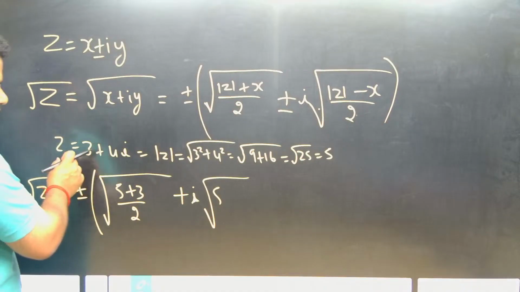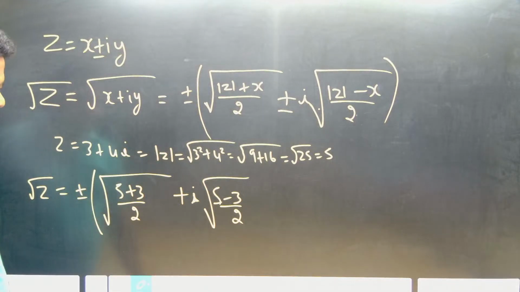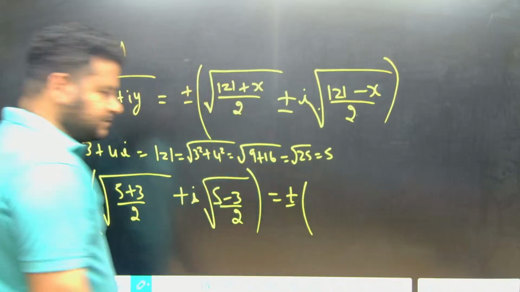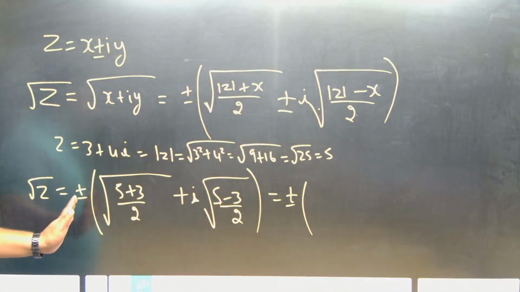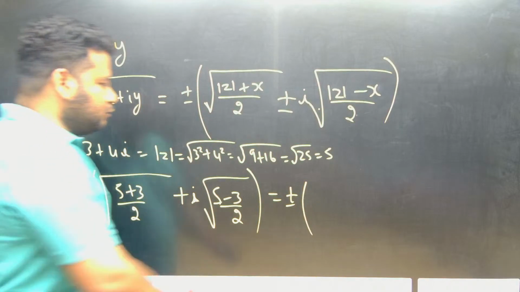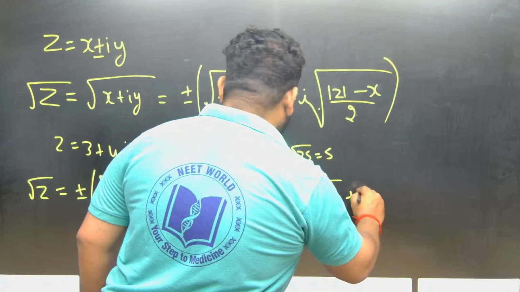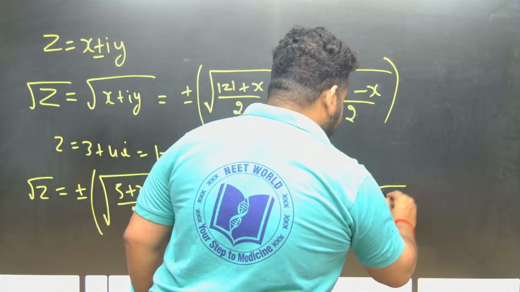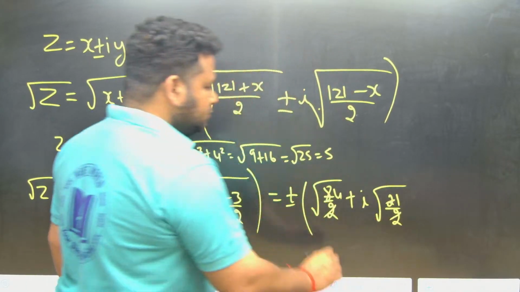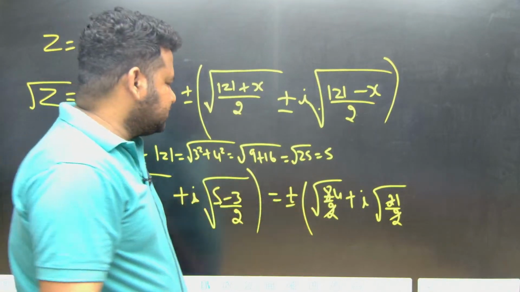Since we are finding the square root, it will be plus or minus: plus or minus the square root of 5 plus 3 by 2. 5 plus 3 is 8 by 2, so square root of 8 by 2, plus i times 5 minus 3, which is 2, square root of 2 by 2. So this will be 2 fours are 8, 2 ones are 2, the 2s cancel and we get 1. So the square root of 4 is 2.